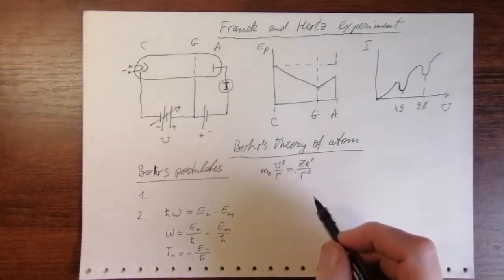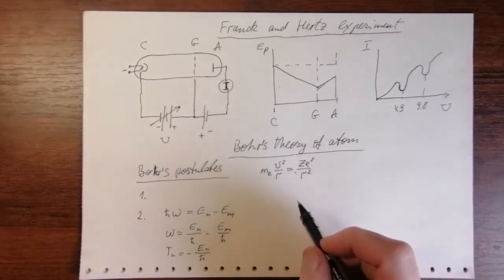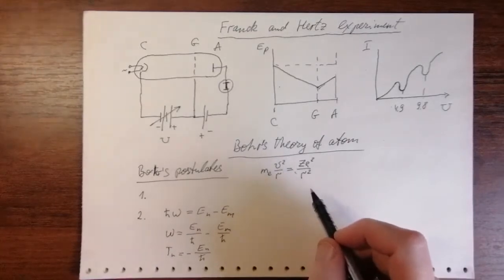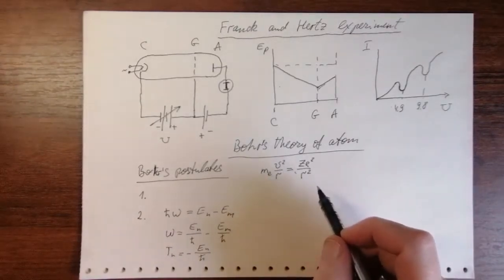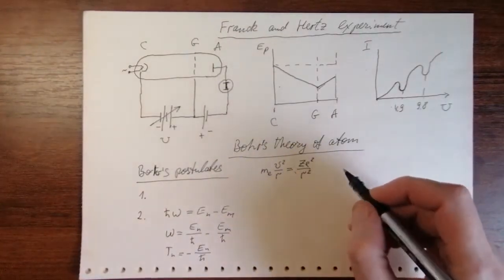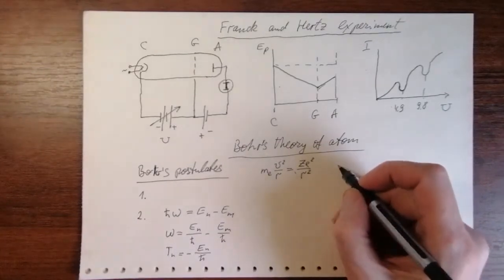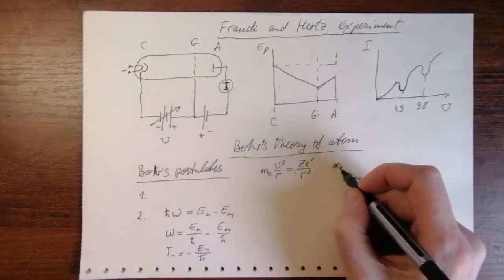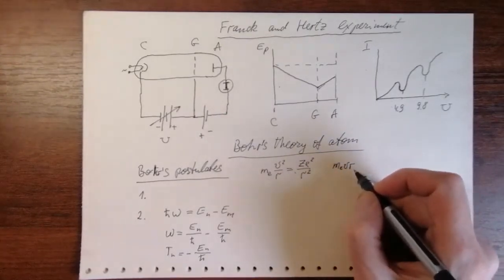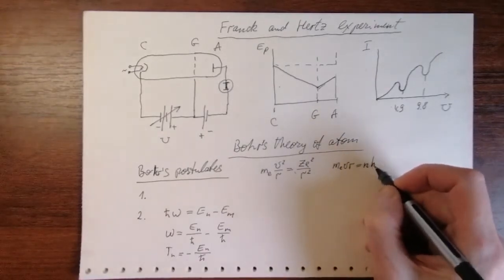So we will not consider this condition, but he derived some condition for angular momentum of the electron, and said that the angular momentum of the electron can change only by jumps, and these jumps should be such that me v r, this is angular momentum, is some integer number n of h-bar.